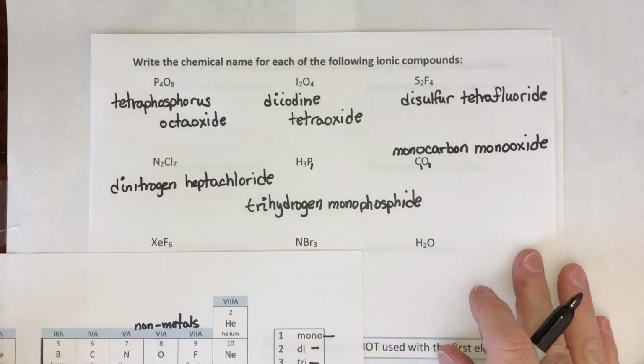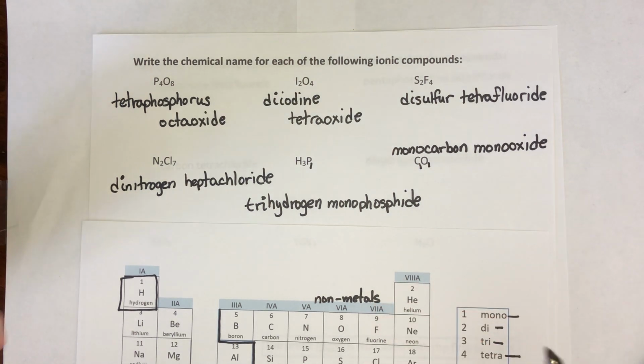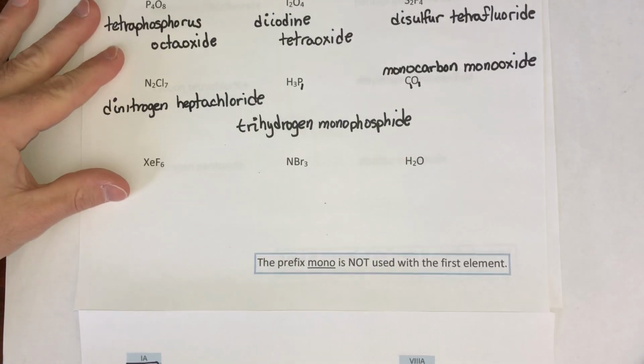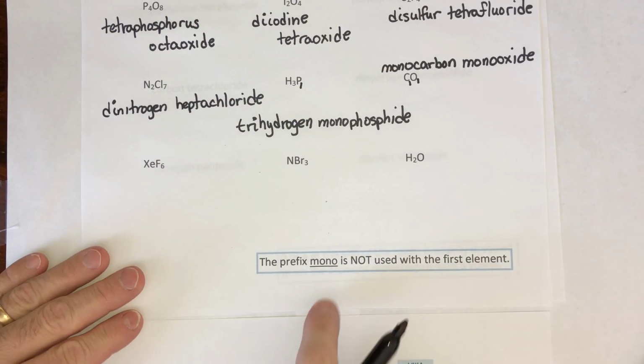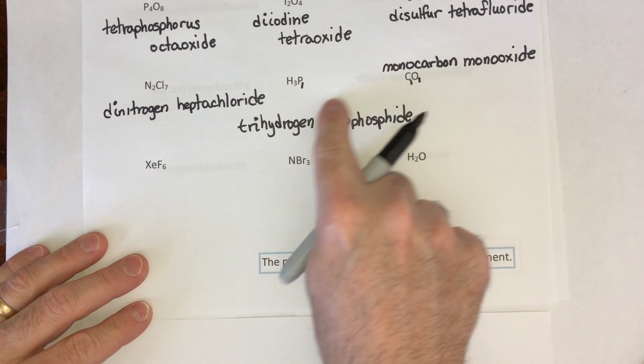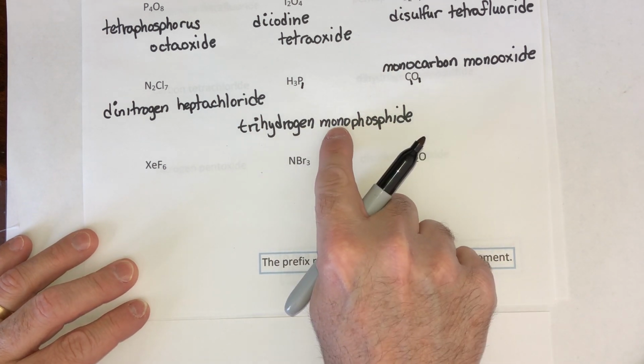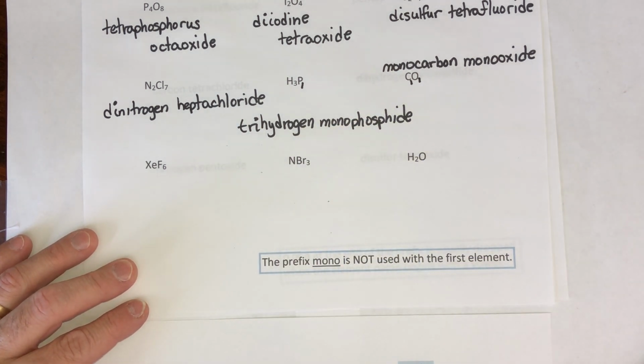Now, this is where we get into talking about a few things that we do to make our lives a little easier, make things sound better. Okay, the first rule is, let me put it right here. The mono prefix has to be used on the second element. Like here, when I had trihydrogen monophosphide, I have to keep mono on the second element.